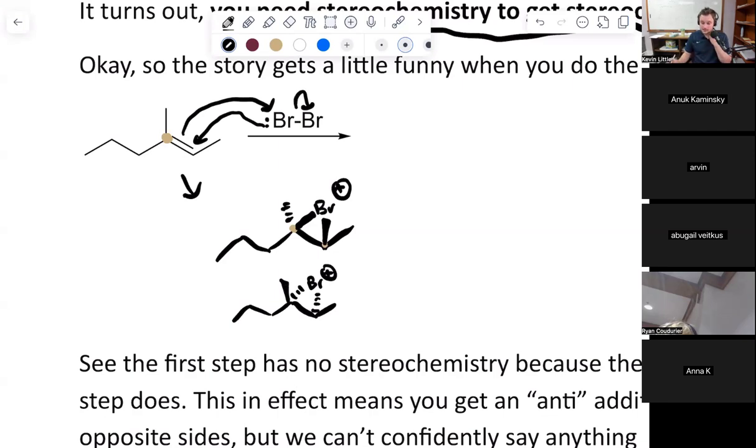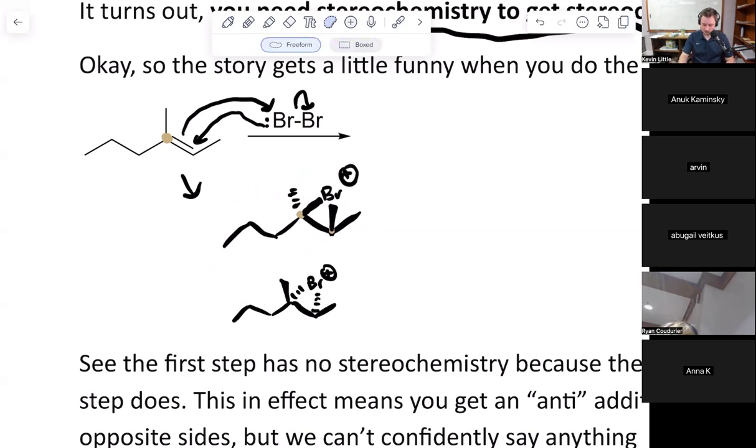This is true anytime we add something to a flat structure. You add it to both sides.